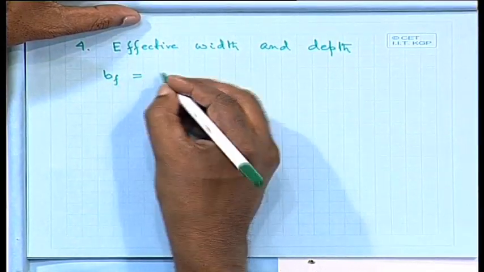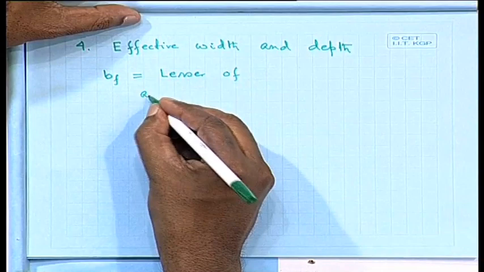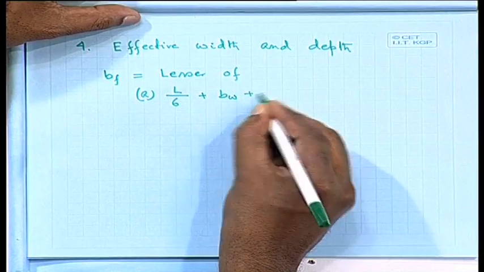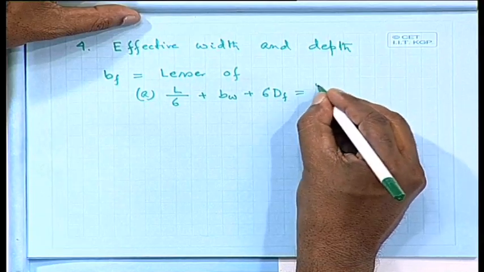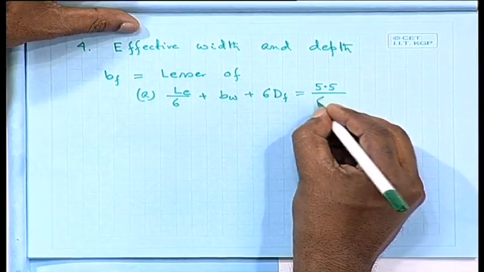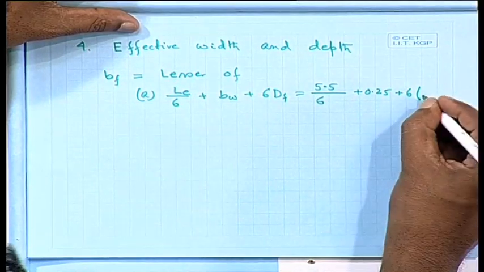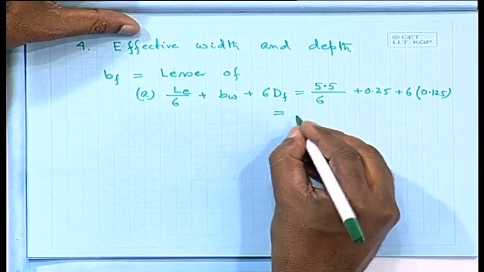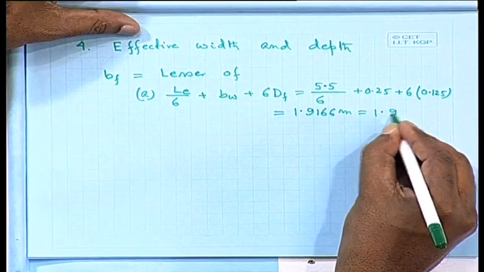BF equal to the lesser of L by 6 plus BW plus 6 DF, which comes as 5.5 divided by 6 plus 0.25 plus 6 times slab thickness 125 millimeter, which comes as 1.9166 meter. Let us take 1.917 meter.